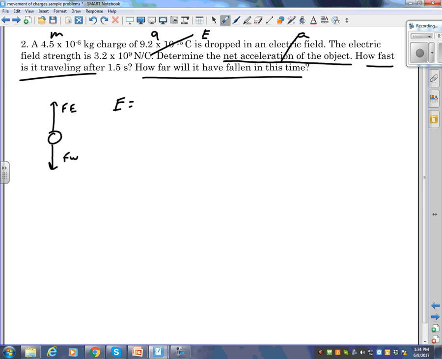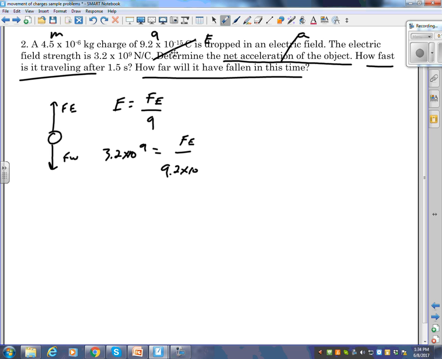So E is equal to Fe over Q. The field strength is 3.2 times 10 to the 9. Solve for Fe. The charge is 9.2 times 10 to the, I'm assuming that's negative 15, is it not?